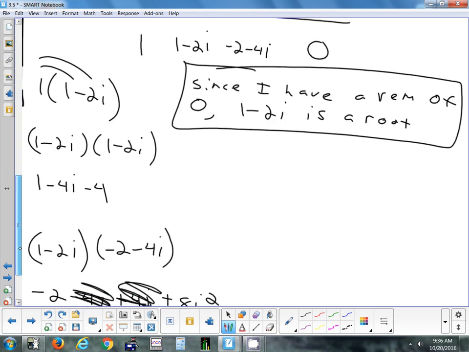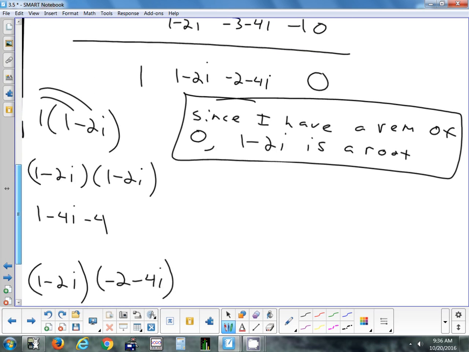The last thing I want to ask, and you're going to see something like this on the test: start with a regular number. If 3 is a root, what's a factor? X minus 3. What if 9 is a root? X minus 9. Always x minus your root is a factor.